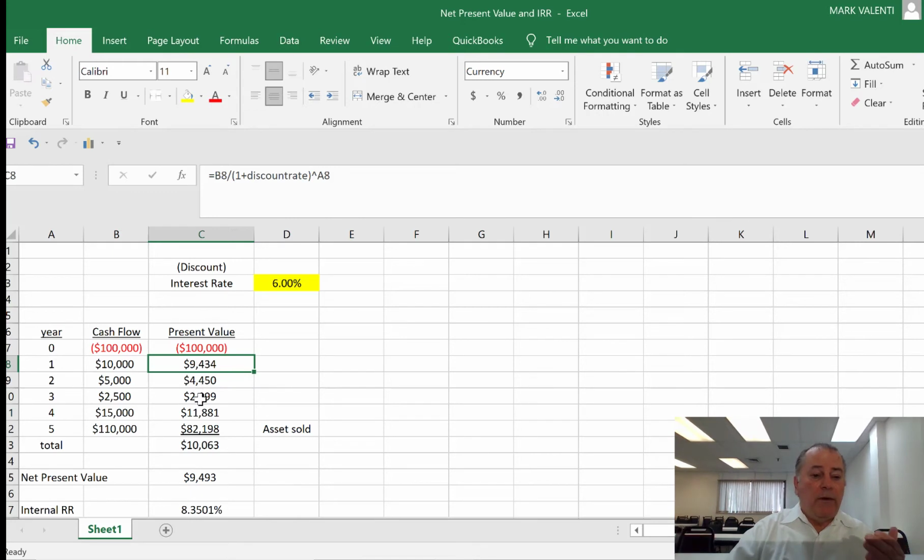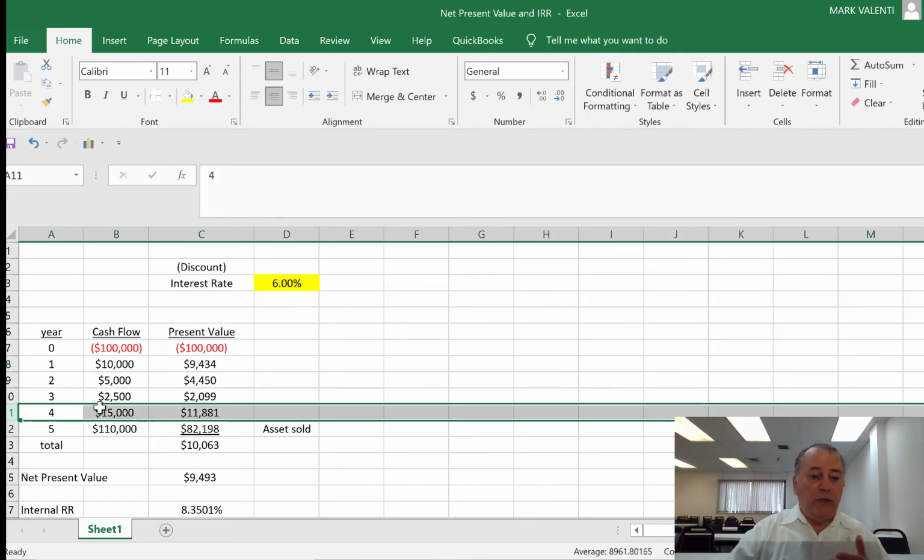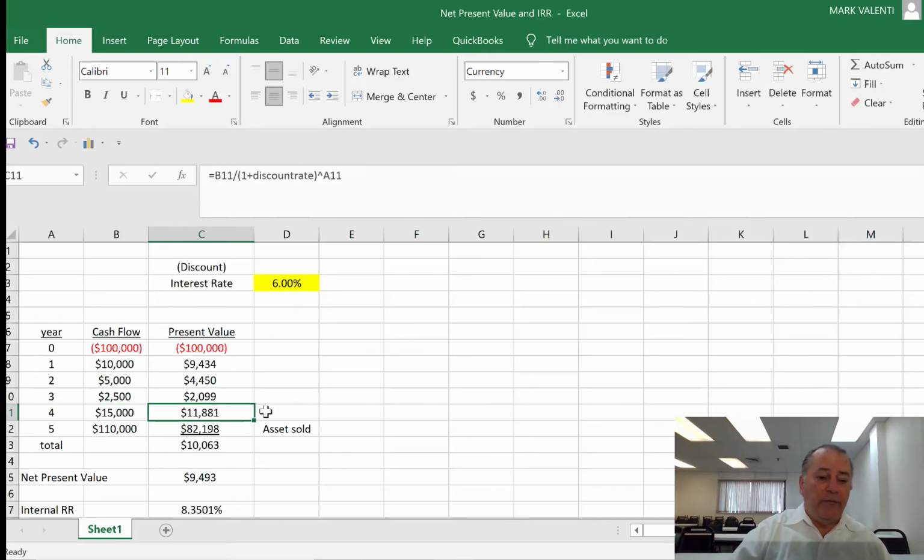So if we go down to line 11, which is year 4, it's $15,000 cash flow, but the net present value is $11,881, which is the B11, 15,000 divided by the discount rate, 1.06 to the power of 4.